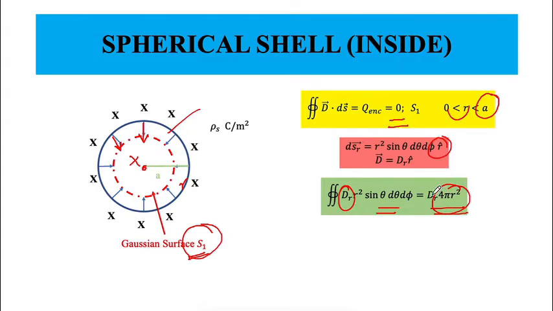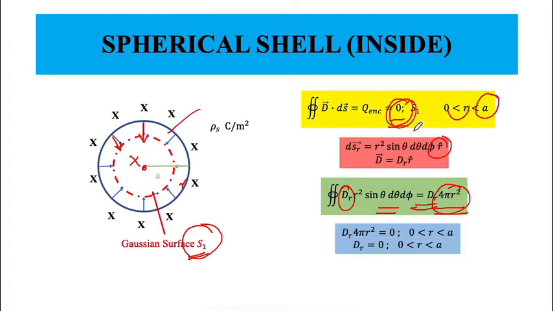But the right hand side is equal to 0 because r is less than a. Since 4 pi r squared will not be 0, the only conclusion from this expression is that Dr must be equal to 0 inside a. So inside a hollow cell, Dr will be equal to 0.